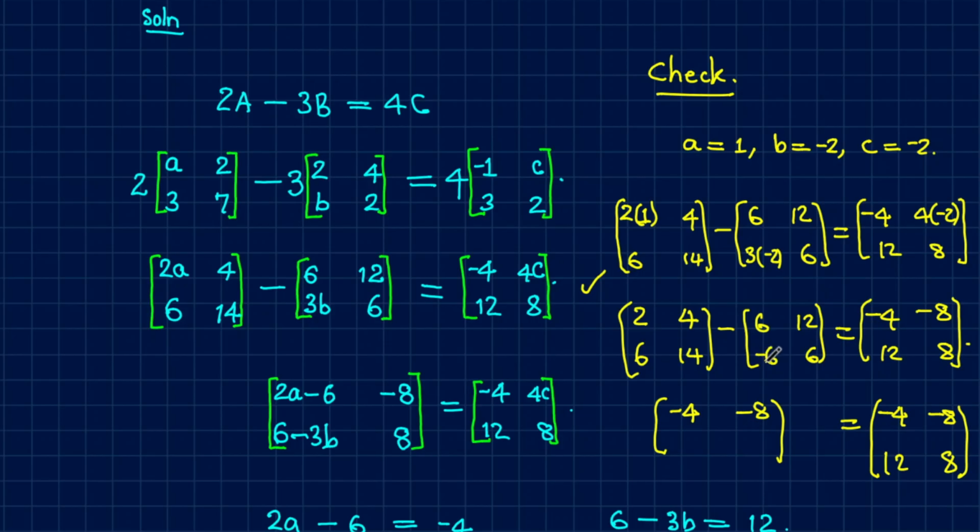Remember, a negative term here is positive. So 6 plus 6 is 12. We have it here. This is the same as what we see here. And finally, we have 14 minus 6, and that is 8. And since the left hand side is equivalent to the right hand side, then our results of A being 1, B -2, and C -2 are valid answers.